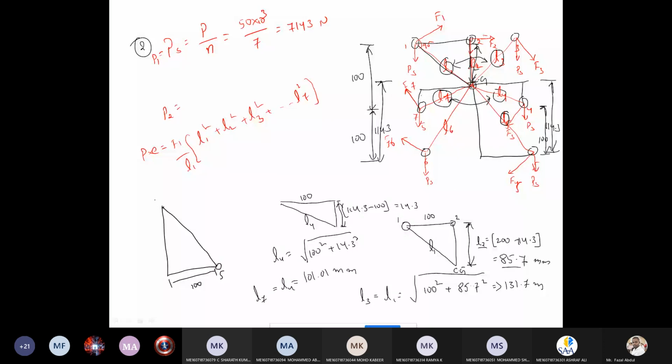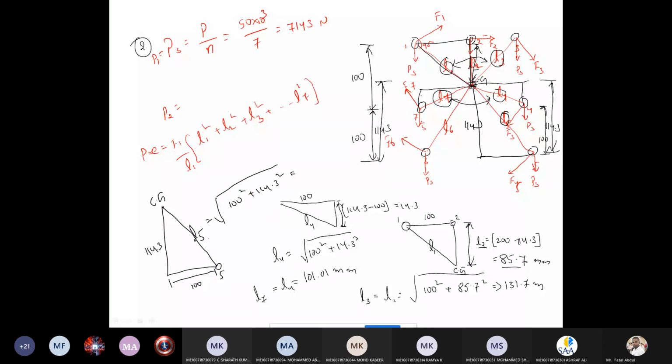This is the center of gravity for the system. Now what is the length of this one? The length of this one is, from here to the center of gravity, 114.3. Now what is L5? Calculate it as per Pythagoras theorem. 100 square plus 114.3 square.